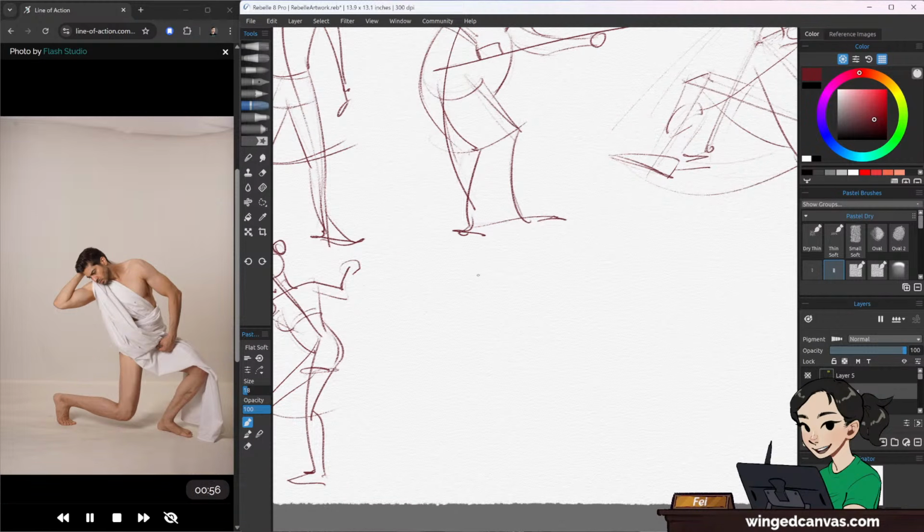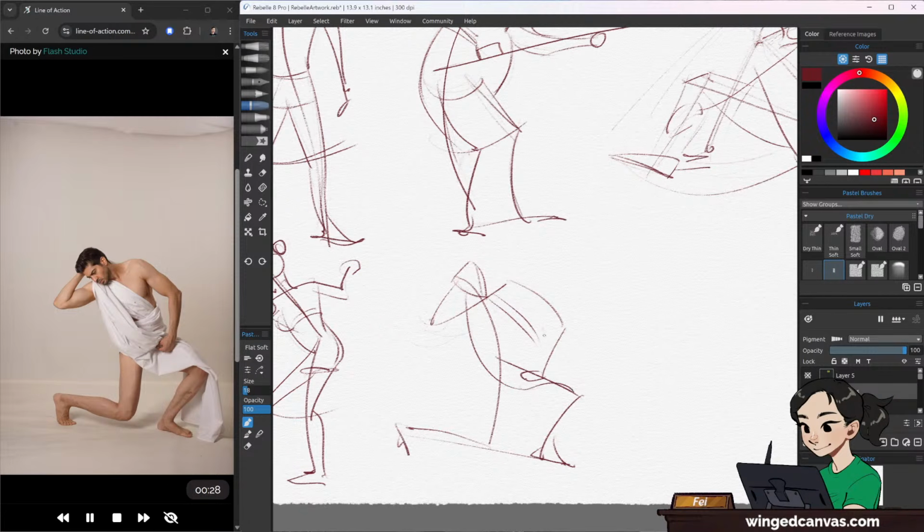This pose can work as a shape gesture as well because it's more compressed and it's got all this cloth on it, right? So you can try linear, and if it doesn't work, you can always combine it. Linear gestures are probably the most common. If you're drawing somebody wearing bulky clothing like this, the cloth also has a gesture of its own.